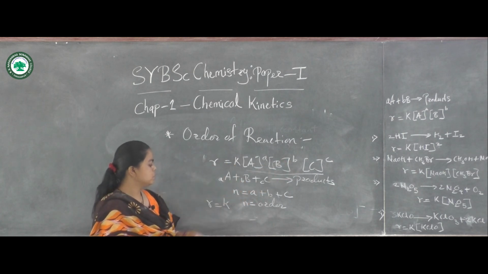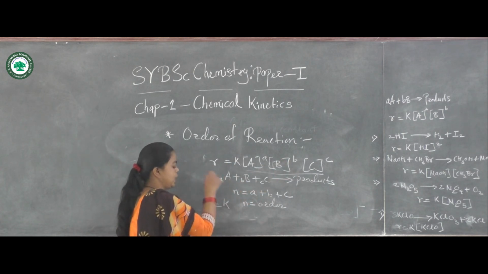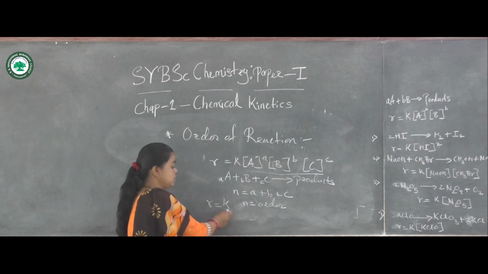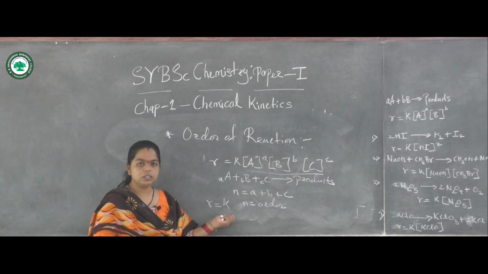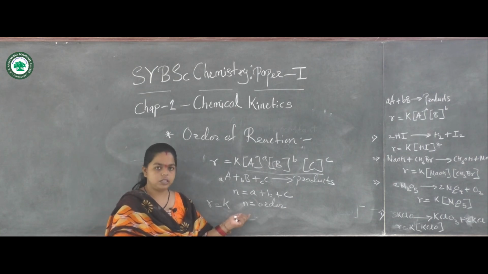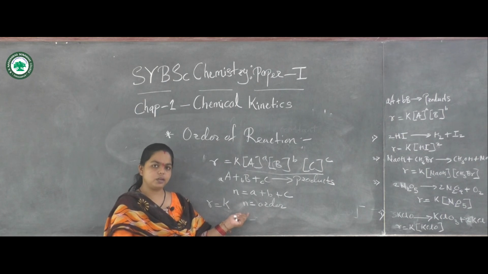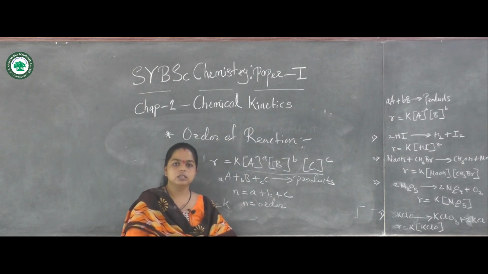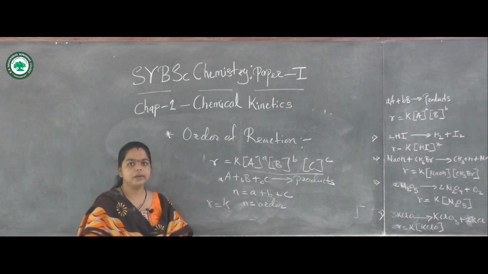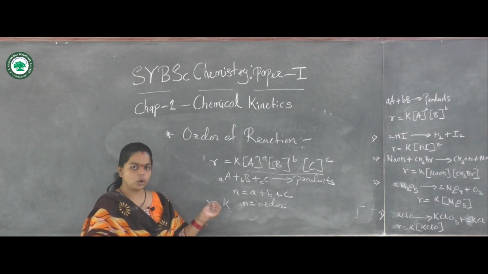So the rate becomes equal to K. K is the constant for the given reaction at a given constant temperature. So for a zero order reaction, the rate of the reaction equals the rate constant at the particular temperature. This is true only for a zero order reaction.